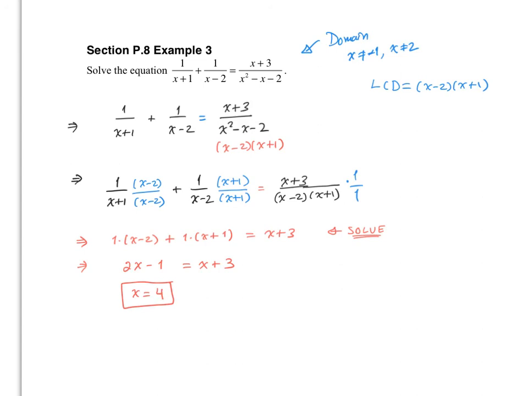And that's it. So notice how you can do the equations and the expressions very similarly. For both of them, you need the LCD. Without the LCD, you cannot solve this problem. The difference is when you have an equation, you don't have to worry about the LCD after this point. You only focus on the numerators and just solve the numerators, and that's it.